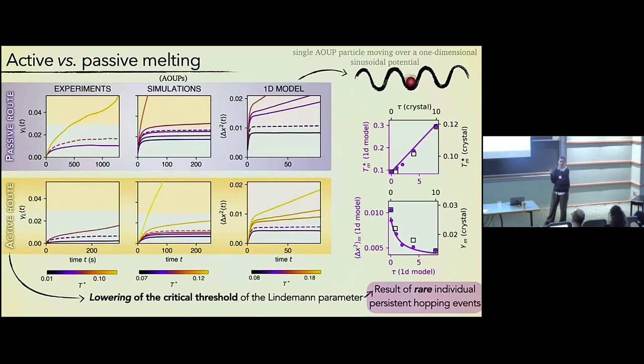This is an effect that is known for this type of motion in confinement. However, some of the particles have enough persistence and enough strength to hop off their minimum and trigger melting. That is how we interpret it, and the data seem to be pretty consistent.